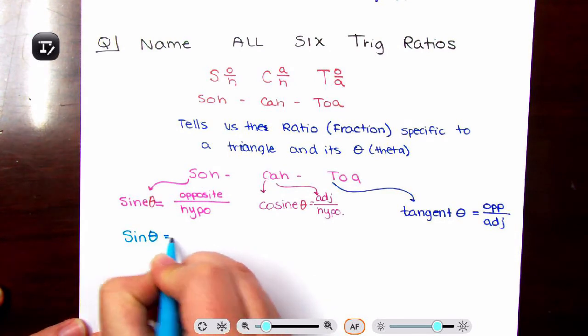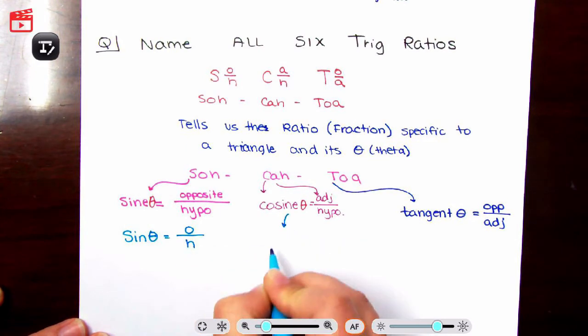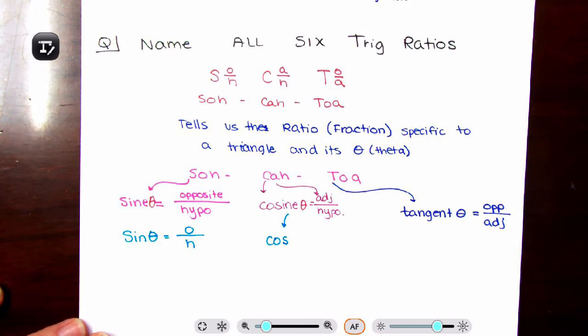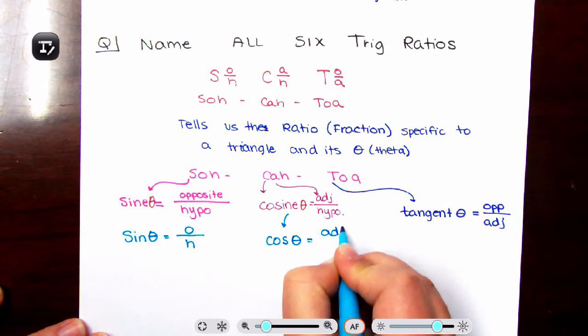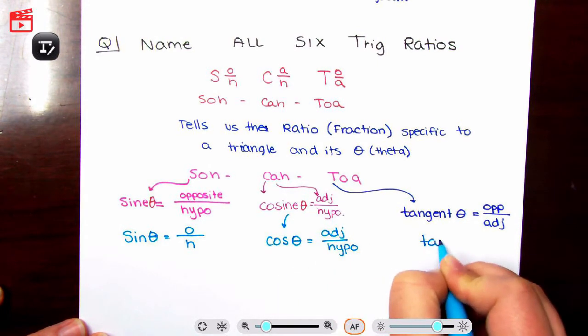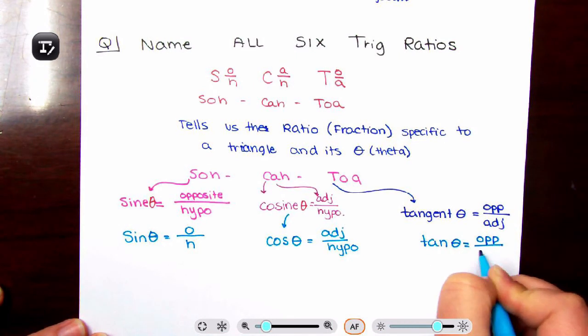So although we abbreviate, we actually say the entire word. Like cosine is abbreviated COS, but we still say cosine. Tangent is TAN, but again, we say the entire word. We say tangent.